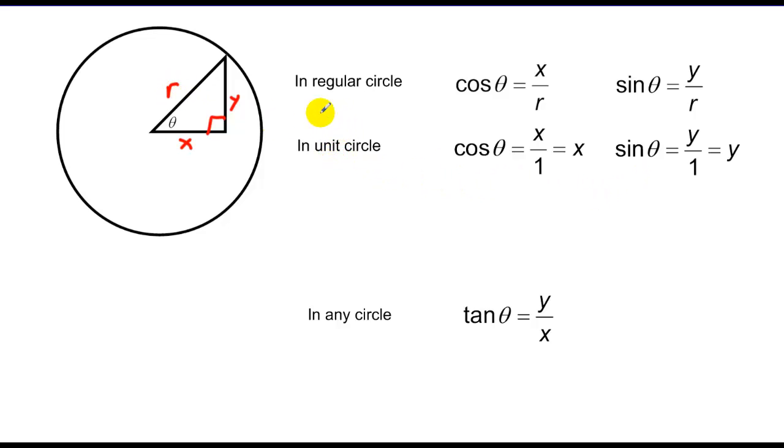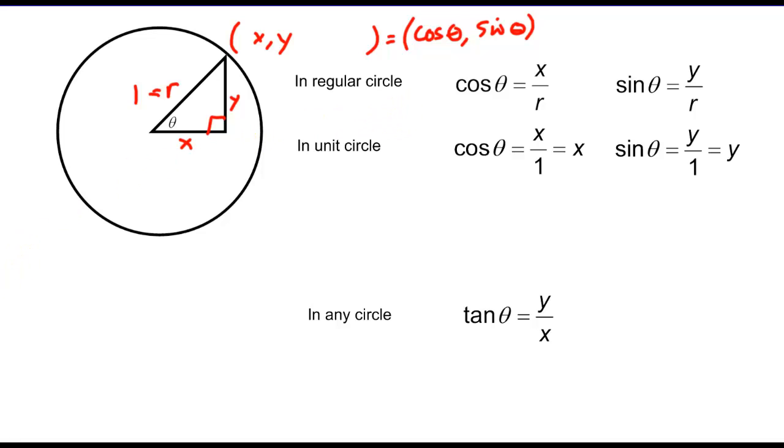But since this is a unit circle, where r is equal to 1, we can now say the cosine is equal to x over 1, or x, and the sine is equal to y over 1, or y. So then we can say that this xy is equivalent to the cosine of theta and the sine of theta.